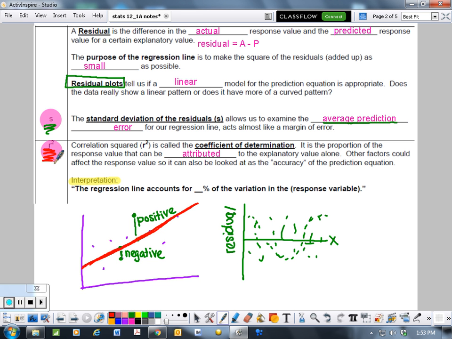So it lets us know how much that explanatory value is really playing into what we're seeing with that response value, or is there a lot of other things in play there, other variables that may be affecting that and keeping that scatter plot with a low correlation, because it ends up more scattered. The more tightly fit, the stronger the relationship is. And so we interpret that by: the regression line accounts for blank percent of the variation in the response value.